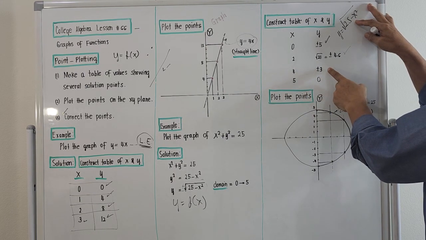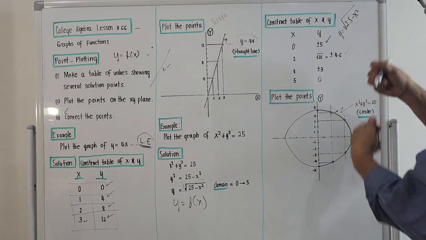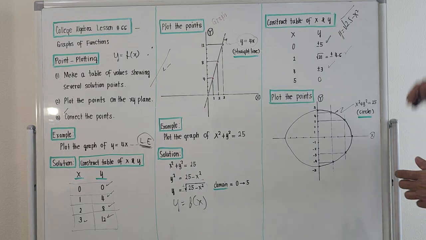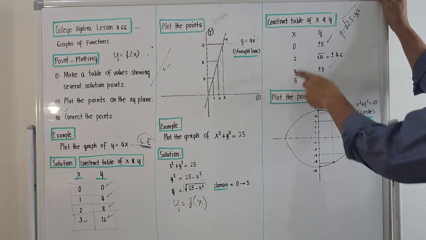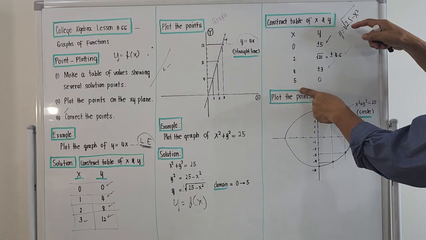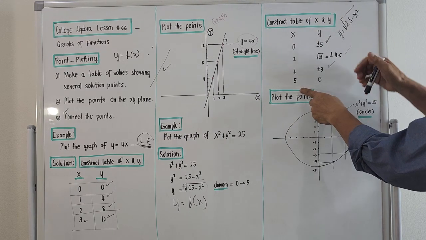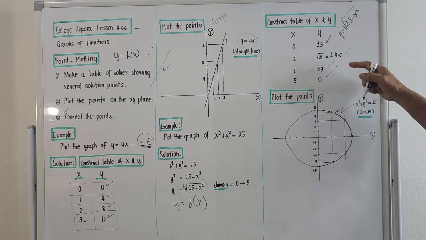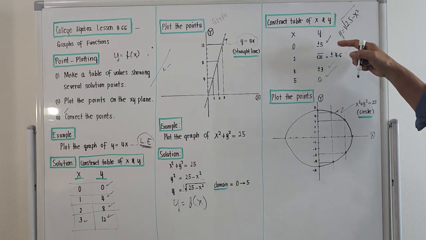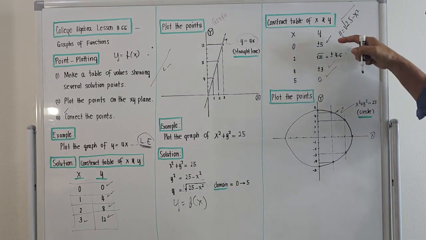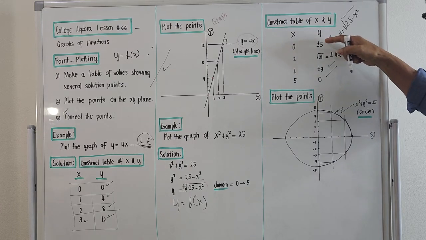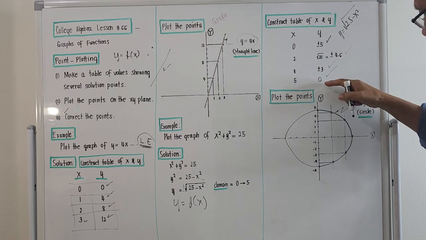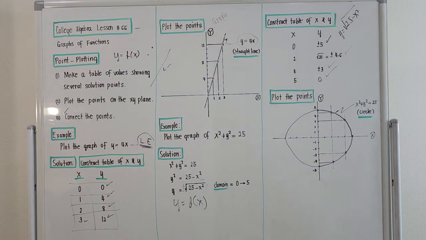So y will be plus or minus 3. Again, it is decreasing, right? When the value of x is equal to 5, this will become 25 minus 25 and y will be equal to 0. So the highest value of y, plus or minus 5, plus or minus 4.6, plus or minus 3, then it goes to 0.